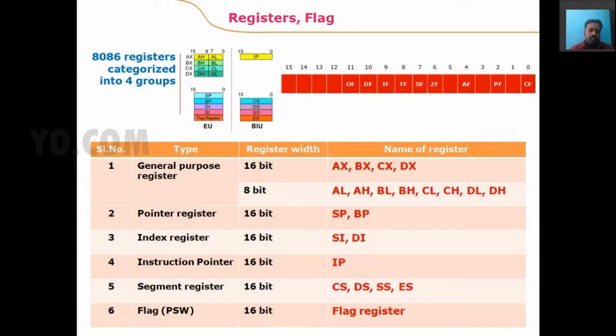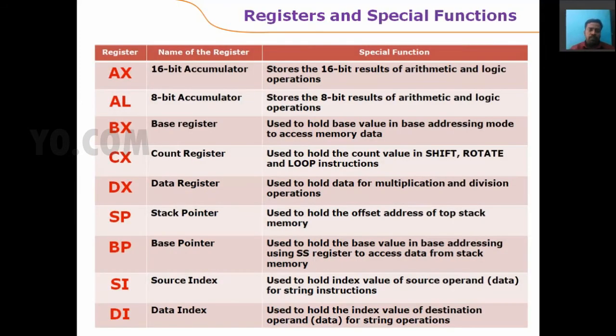Index registers, also 16-bit: source index, destination index. Instruction pointer, IP, a 16-bit register. Segment registers: code segment, data segment, stack segment, extra segment. And the flag register, the program status word, also a 16-bit register. These are the total registers present in the 8086 microprocessor.